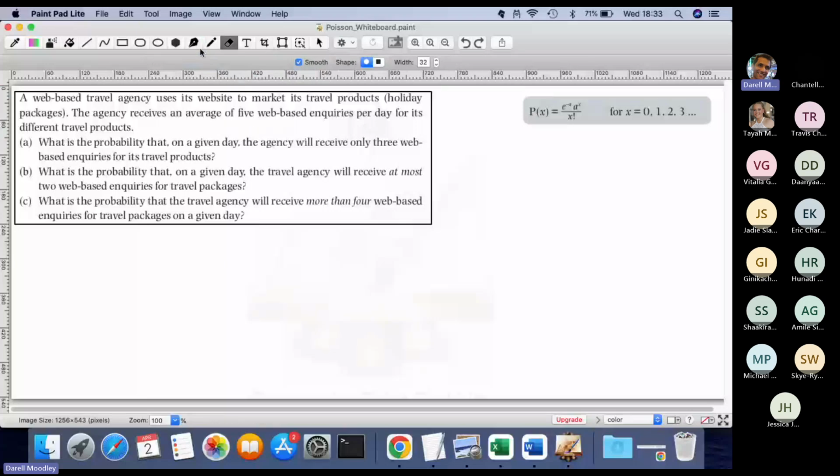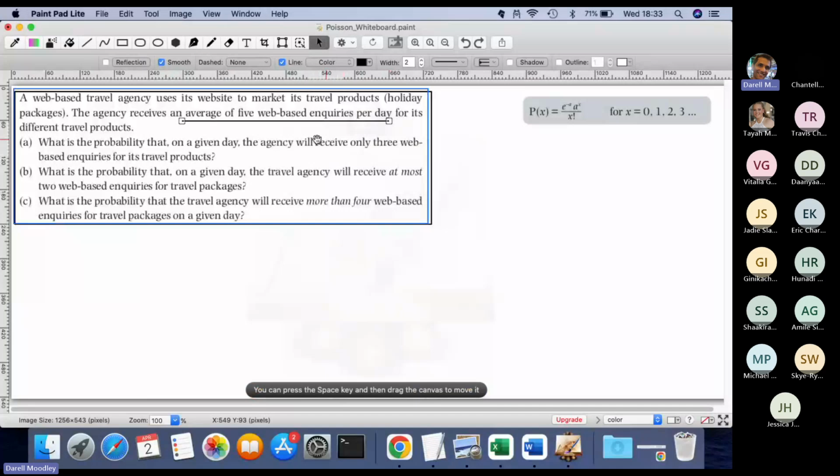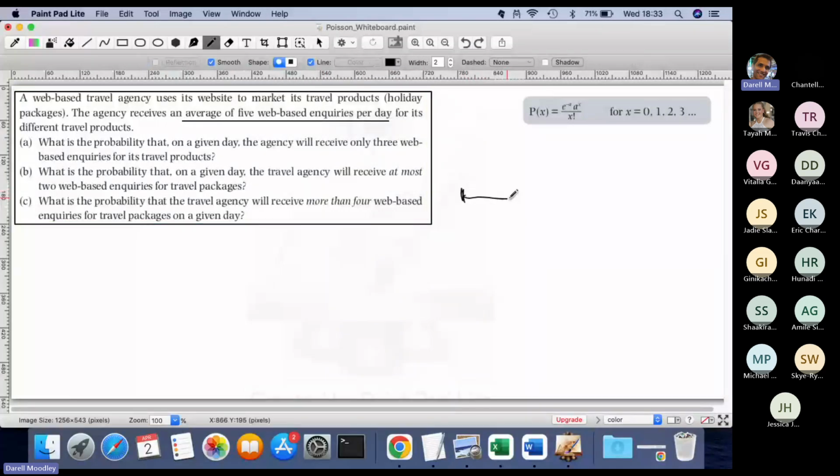So let's underline this part here. On average, 5 web-based inquiries per day for its different travel products. So what they're saying is, look, this is 1 day. Here to here, that's 1 day. That's day 1. And let's say the first day they got about 6 calls or inquiries, should I say.